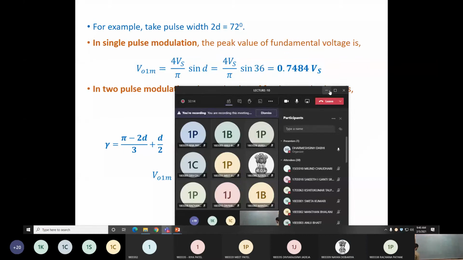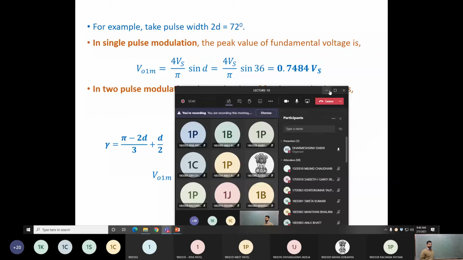Understand it. What is the advantage of removing the lower order harmonics, meaning third, fifth, and seventh? All of you know that to remove the harmonic we require a filter circuit. Yes or no?